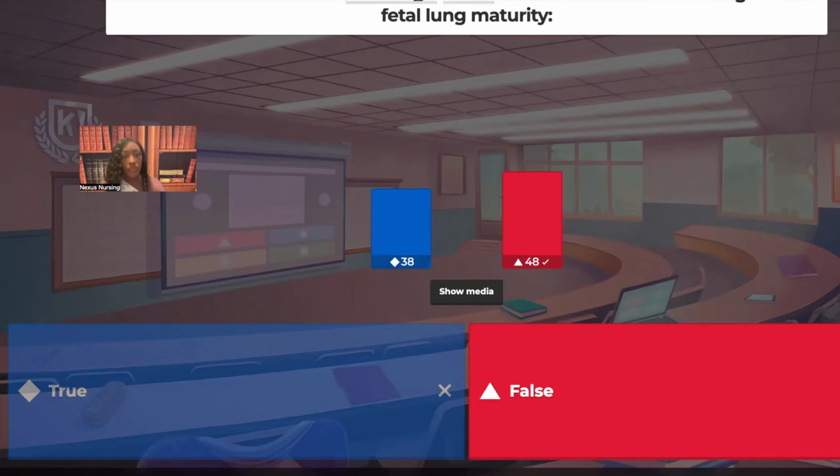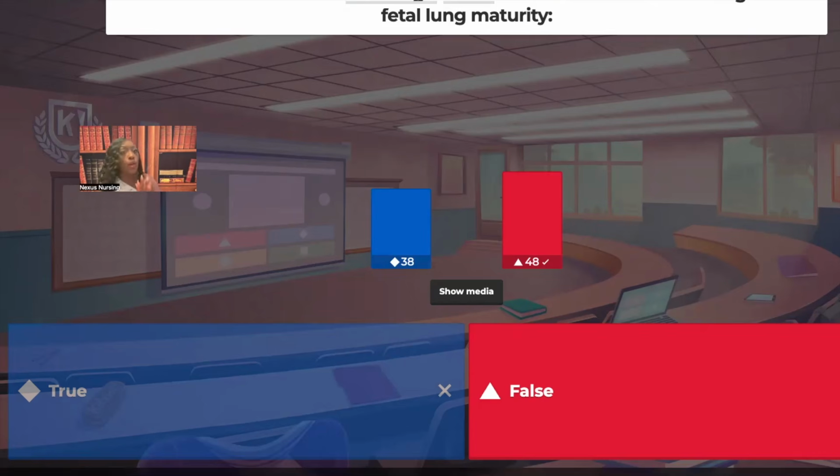So tell me, what does it measure, guys? The estriol level. You guys know on the live? The estriol level? You guys are killing me. Okay, fetal well-being. That's what it measures.